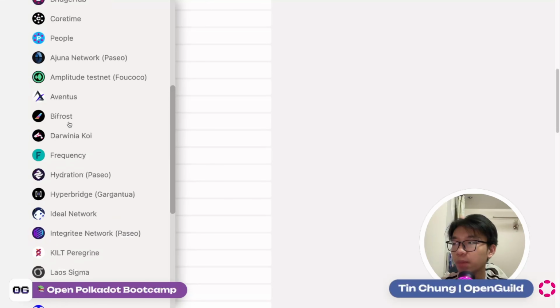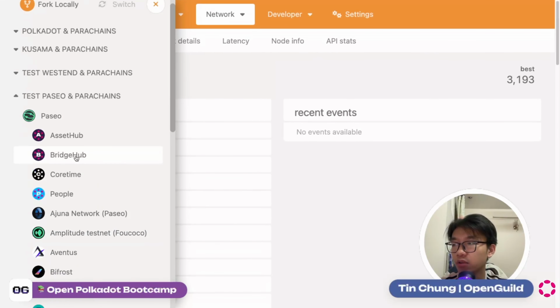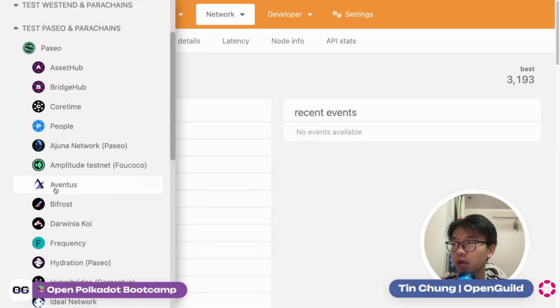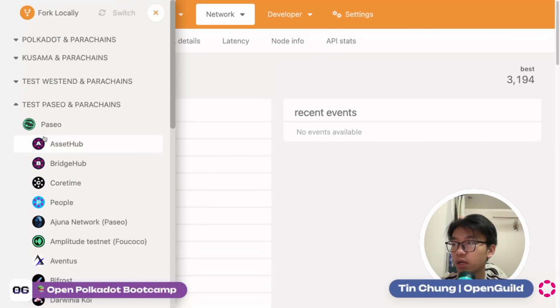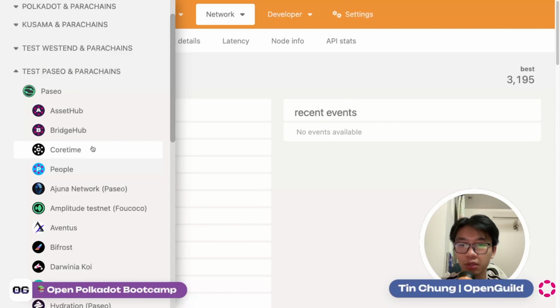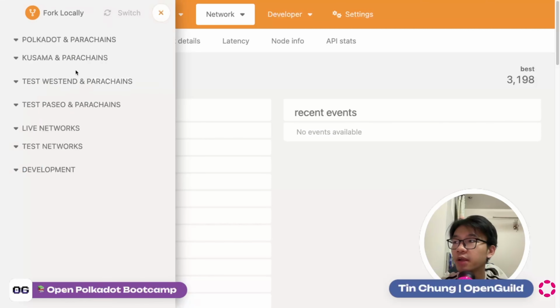When you view Paseo, it also has a few other networks that connect to it. The amazing thing is that connecting to Paseo doesn't ask you for real money, so you can deploy on it to test your functionality and also give your users a place to test the functionality of the project.